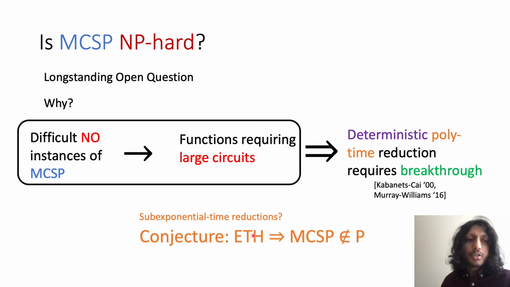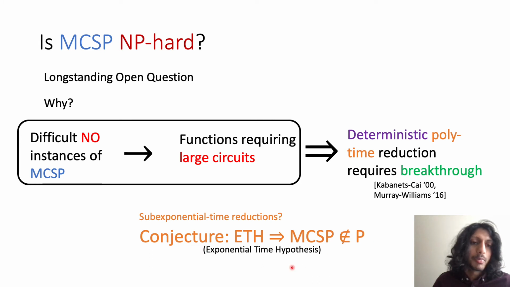Indeed, the motivating conjecture behind this work is that the exponential time hypothesis implies that MCSP is not NP-hard. Under the exponential time hypothesis, that's what ETH is, it roughly says that SAT can't be solved in sub-exponential time. The conjecture is that this implies that MCSP is not NP-hard.